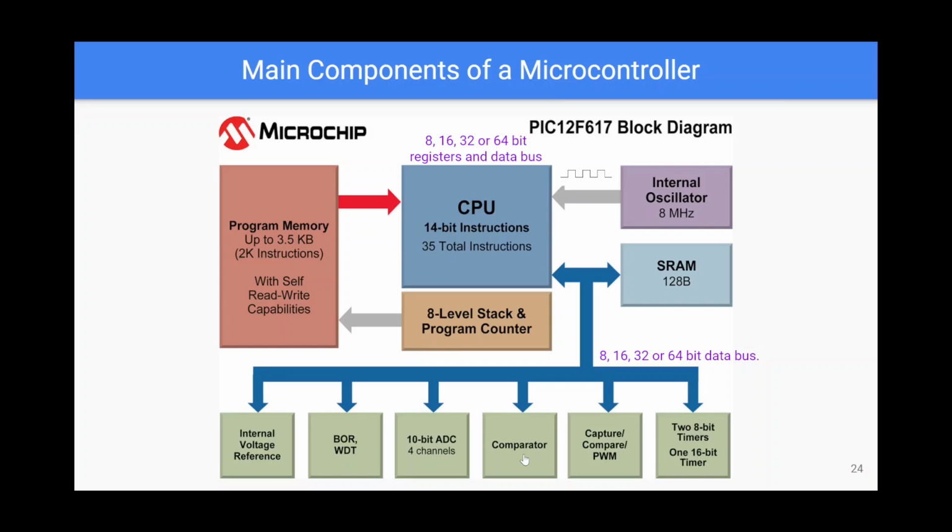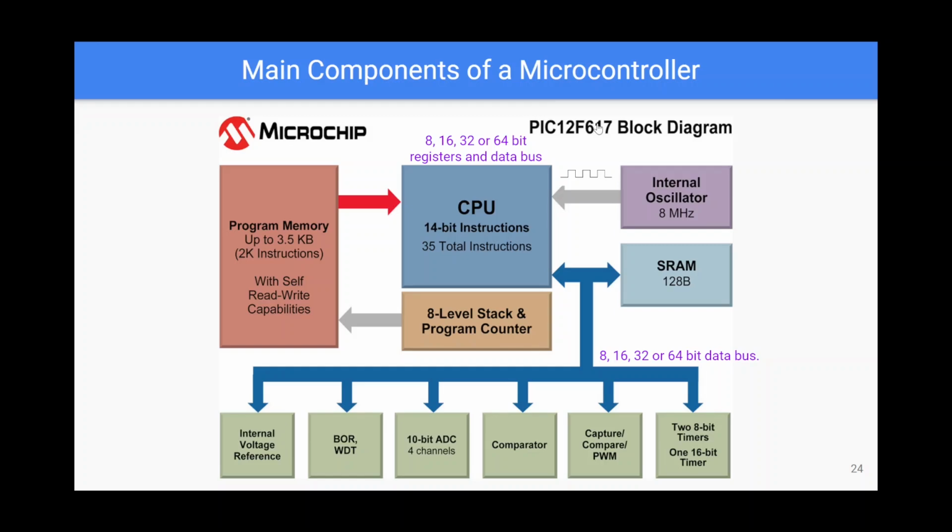This means that this is a square wave and how to modulate it. And these are the timers. In this block diagram, there are 2 8-bit timers and 1 16-bit timer. So again, just to give you an overview of a commercially available microcontroller from Microchip, and discussing as an overview the block diagram of that microcontroller.